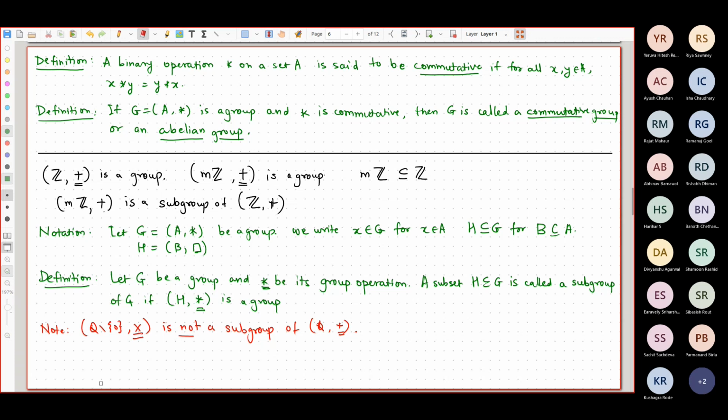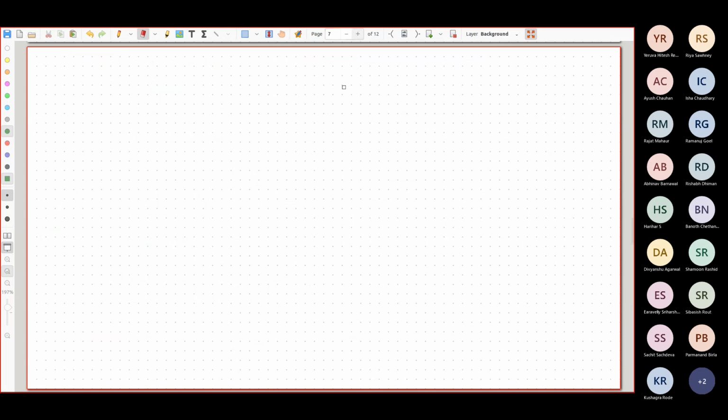Now let us once again revisit the relationship between mZ plus, which is a subgroup of Z plus. Let us inspect and see whether we can find something interesting there. Let's say m is equal to 3. Let me draw this number line. So how does the group mZ look like?